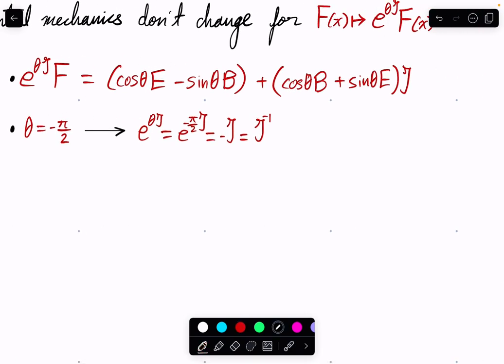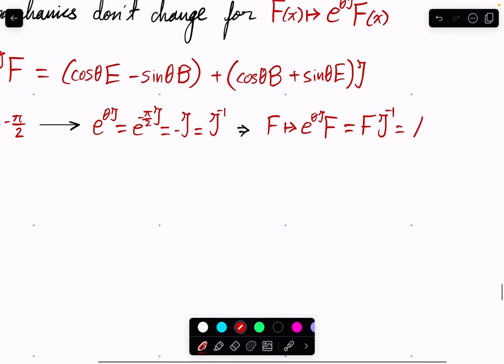This implies that the mapping of F to the global phase is just equal to F times the inverse pseudoscalar, which is just the Hodge dual of it.